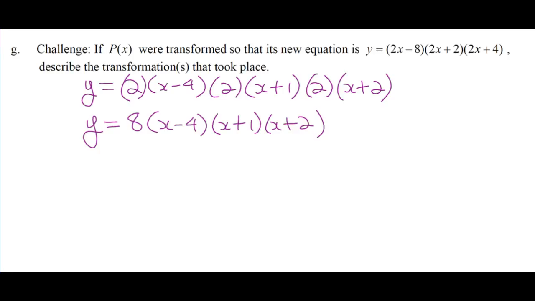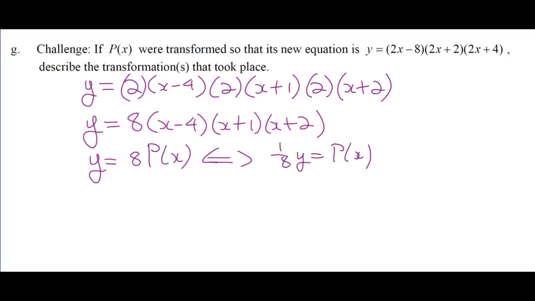That's P of x, right? So we could write y is equal to 8 P of x. Or you could write 1/8 y is equal to P of x. And from either of these, it's a vertical stretch by a factor of 8. So there was a vertical stretch by a factor of 8.